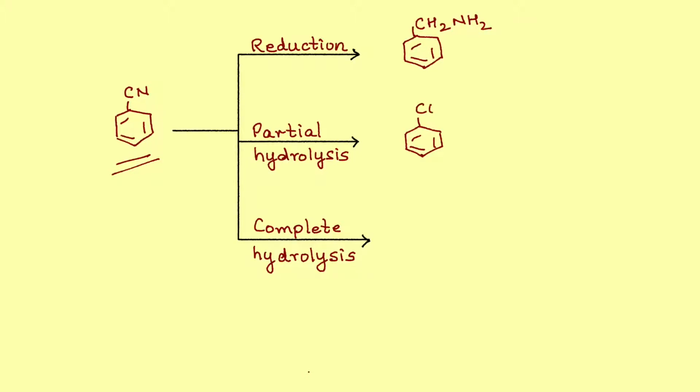Yes, I can see the smile because we have already covered this under haloalkanes. Remember? COOH. So we have a carboxylic acid, that's benzoic acid, benzamide, and this will be benzylamine, right? So you see from one benzene diazonium chloride what all products we can make. Isn't it an interesting reagent?